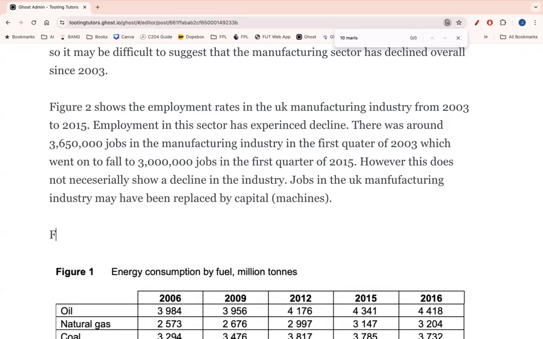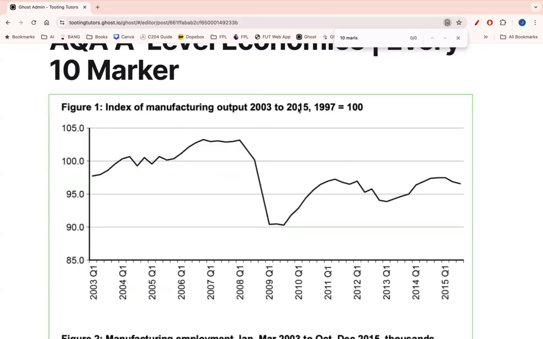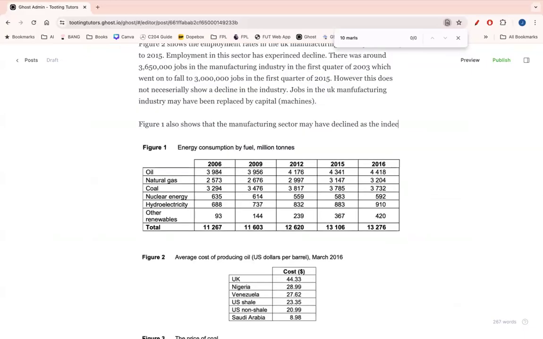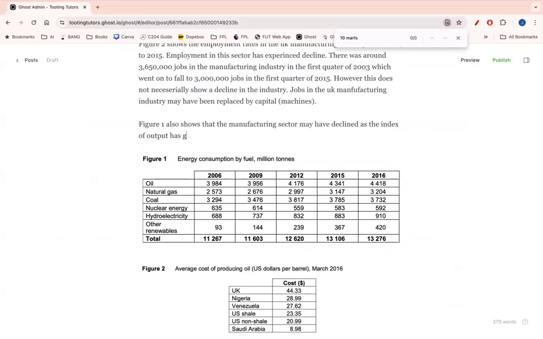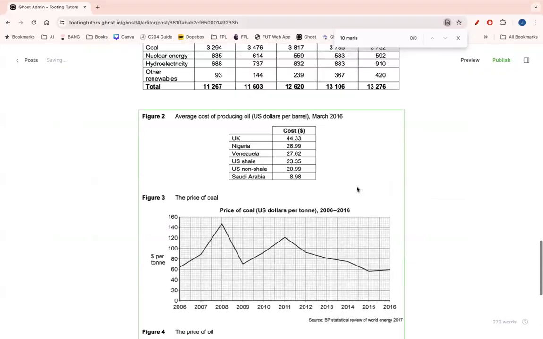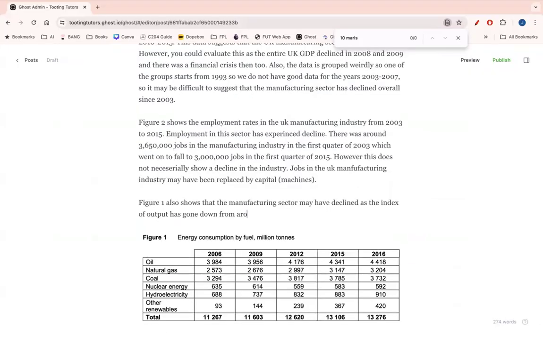So let's just say that figure 1 also shows that the manufacturing sector may have declined, and it shows that the index of output has gone down from around 98 to 96.